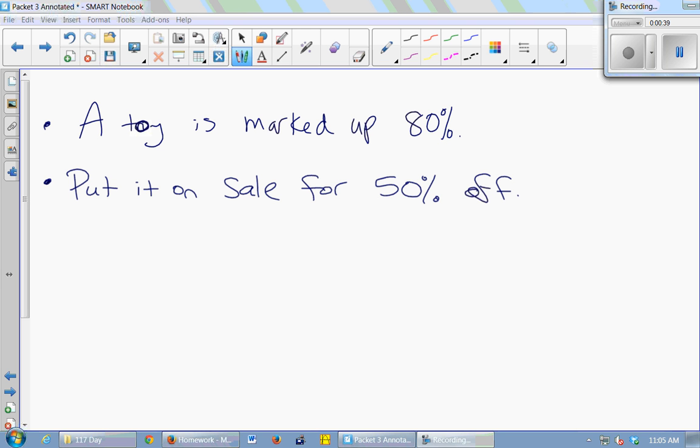The key to solving these problems and many percent change problems is to just pick a starting point. Pick a really convenient number to call the price of this toy at the very beginning. When you're dealing with percentages, what's a really convenient number to use? 100. So let's say that the toy starts at $100.